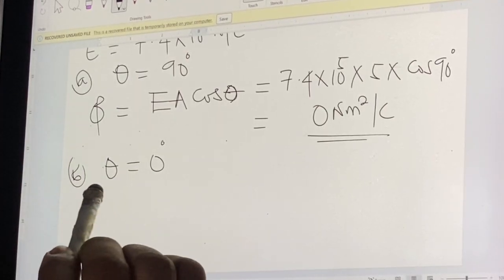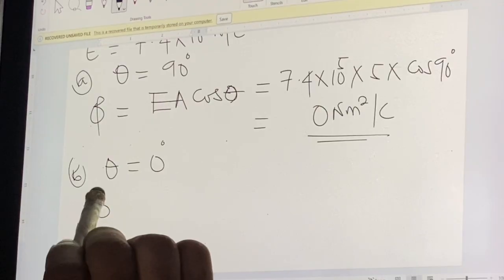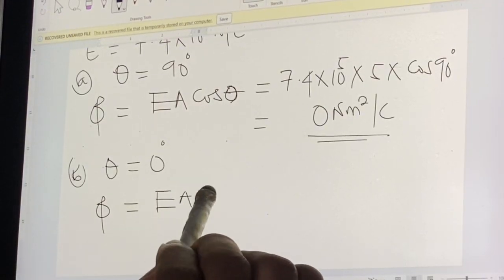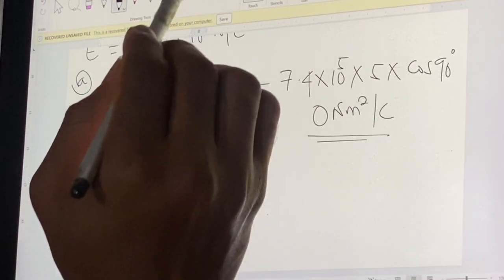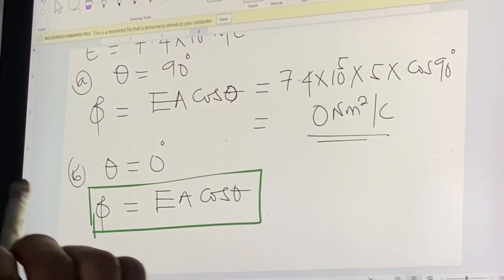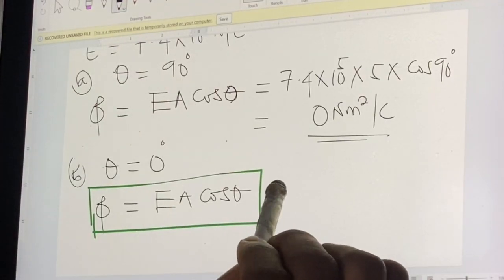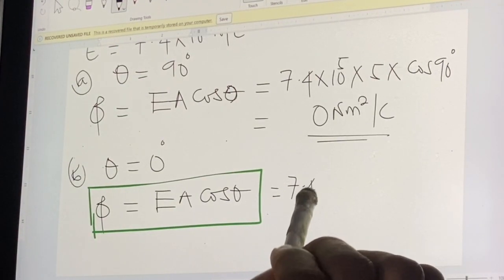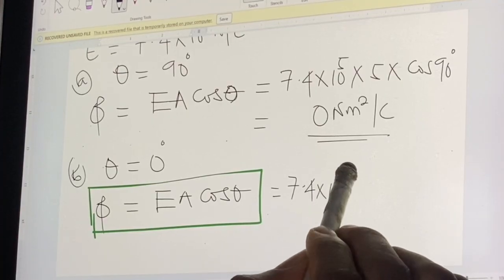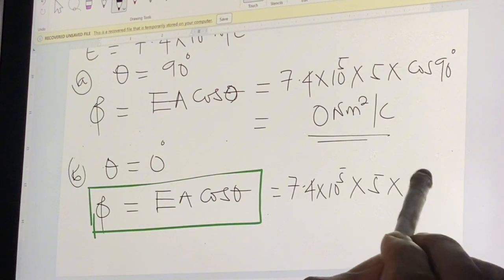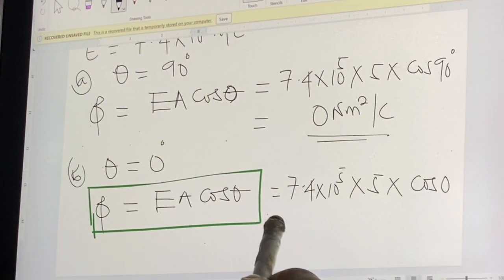So let's solve for the electric flux. For the electric flux here, it will equal, class, the formula EA cos theta. This is the formula for electric flux when angle is given to us. Please take note. So let's input here. E is given to us as 7.4 times 10 to the power 5 from the equation, times area is 5 from the equation, times cos 0 degrees.